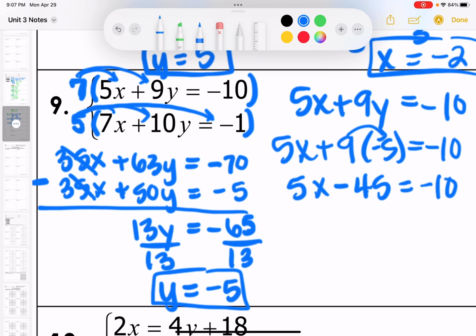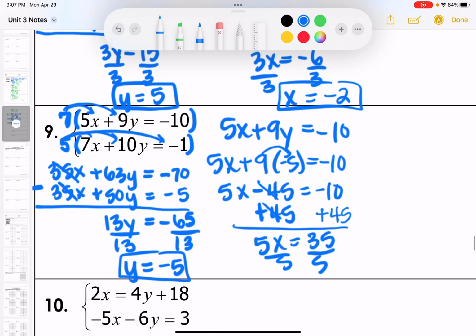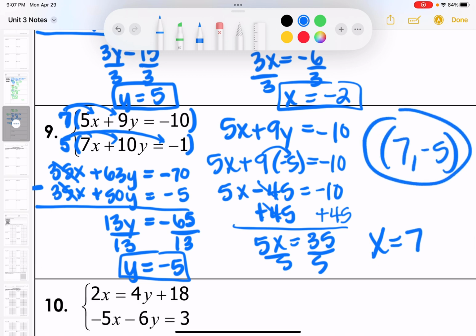Now to solve for x, I need to get 5x by itself. So I'm going to add 45 to both sides. And then I'm going to divide by 5. So x equals 7. So my answer will be 7, negative 5.